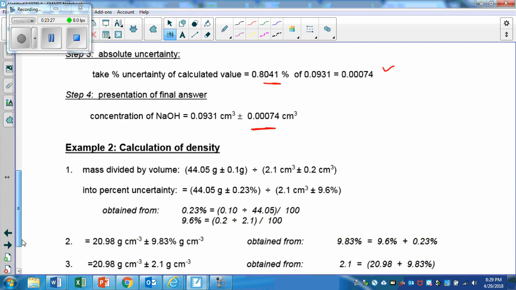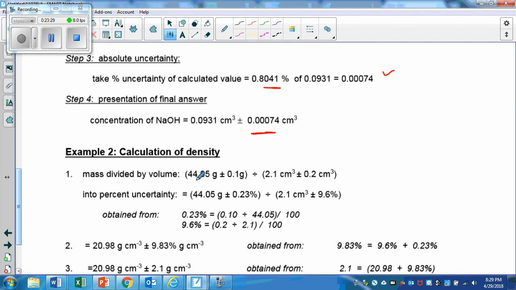So this is calculating density. We have mass divided by the volume. So this is the mass, this is the volume, this is the uncertainty of the mass, this is the uncertainty of the volume. I have to calculate them separately. So 0.1 divided by 44 times 100, 0.2 divided by 21, 2.1 times 100.